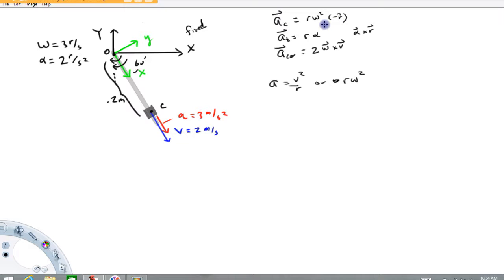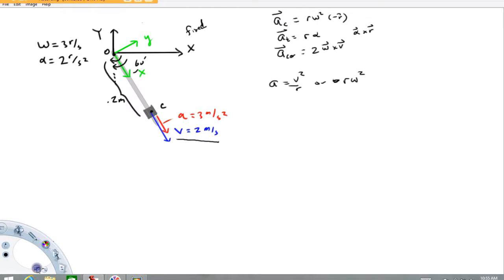The fact that this thing has an angular acceleration is going to give us a tangential acceleration at C. In this picture, that tangential acceleration would be in this direction. Tangential acceleration is equal to r alpha, where alpha is the angular acceleration, or in the language of vectors, alpha cross r. The direction comes from the cross product. The other type of acceleration we have to deal with is the interaction of this velocity with this angular velocity.